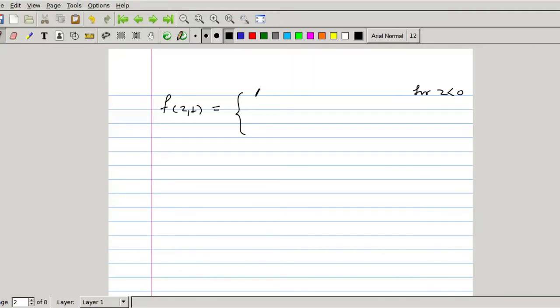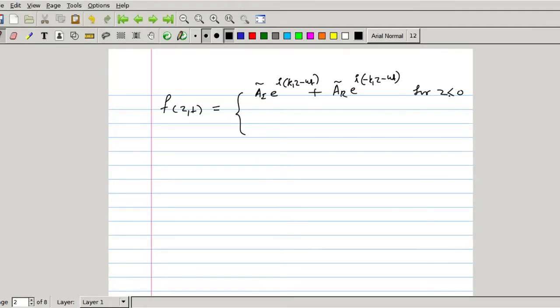So we can write it as A_i e raised to i(k1 z minus omega t) plus A_r e raised to i(minus k1 z minus omega t).